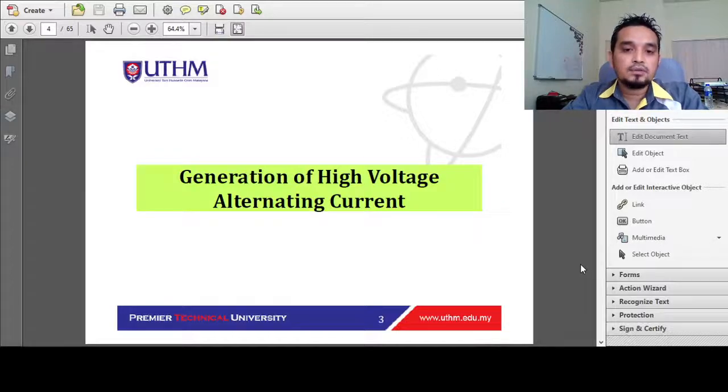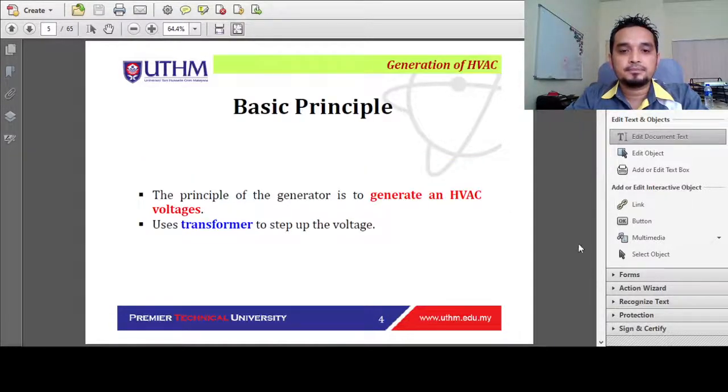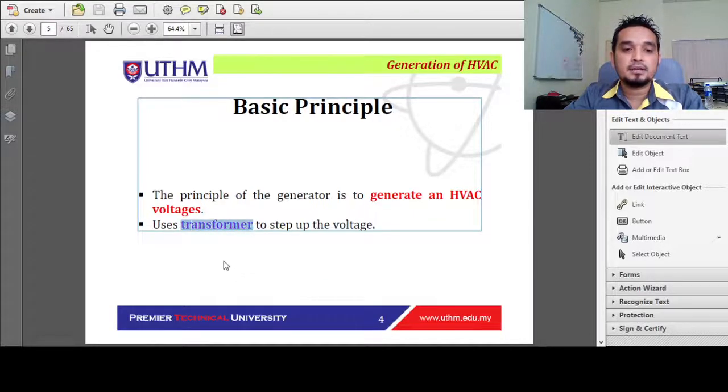Generation of high voltage alternating current, HVAC. Basic principle: as everyone might know, the way to generate high voltage is simply by using transformers. We use step-up transformers to lift up the voltage level.